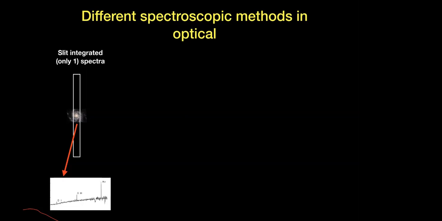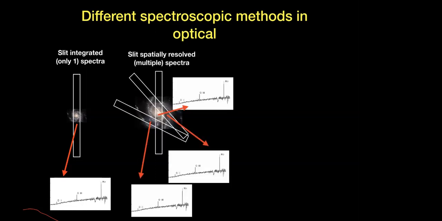But then you can go one step further. Let's say the galaxy is a little bit closer to you, so it's slightly bigger on the sky. Then you can place a slit on the galaxy, and you can extract multiple spectra along the different spatial pixels. So you can extract spatially resolved information along the slit.